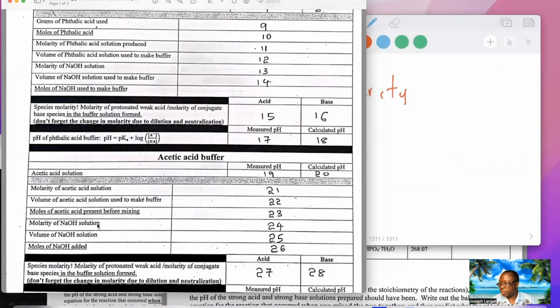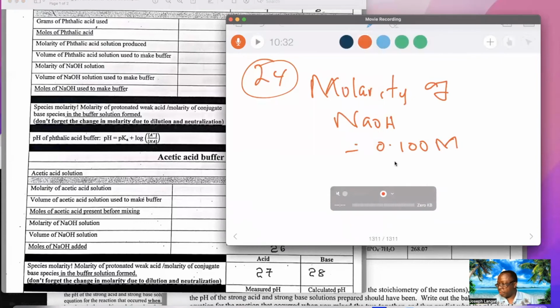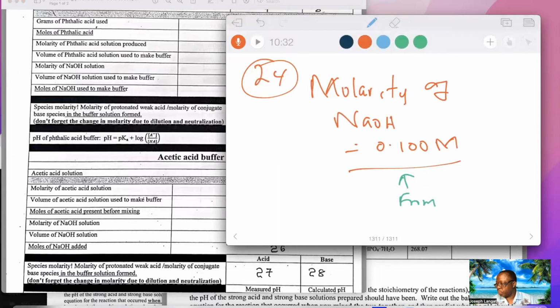Molarity of NaOH used is 0.100 molar. That's the molarity of NaOH. You can read this from the background. You need to read the procedure, the step on molarity.